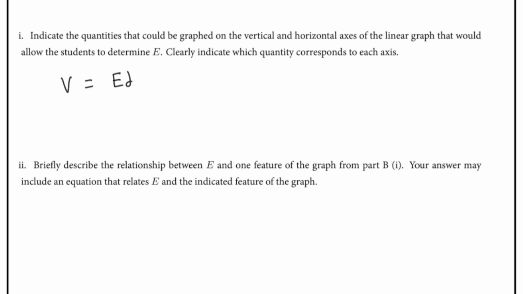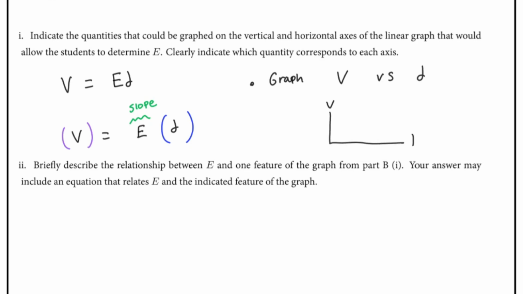So what quantity corresponds to each axis? Well, if I want to find E, I can make that the slope if I just graph V versus D. That's all I actually need to say on this part, because I can rewrite this in the form V equals E times D, so I can make V my dependent variable and D my independent variable, so that would make E my slope, which is actually the working out in part B. If you want to be extra clear, you could indicate that V versus D looks like this.